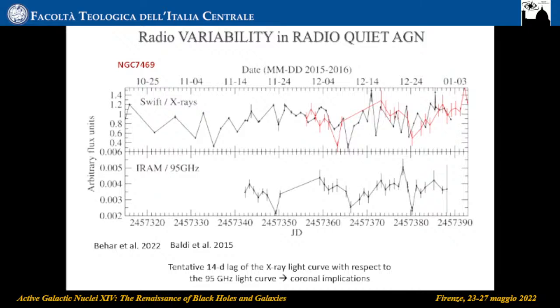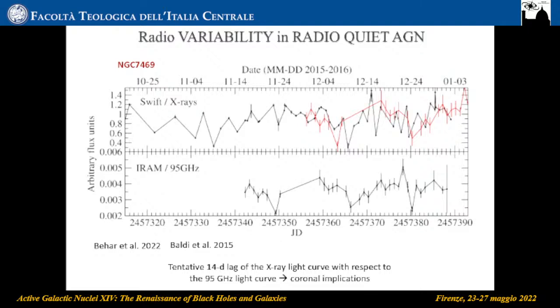This is NGC 7469, a local Seyfert galaxy that Ranieri has monitored at 95 gigahertz, so quite high frequency. The group observed significant variability. The source was also monitored simultaneously with Swift, and there is a tentative time lag of 14 days between the two light curves.